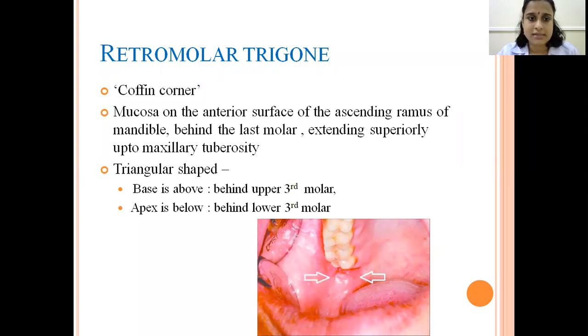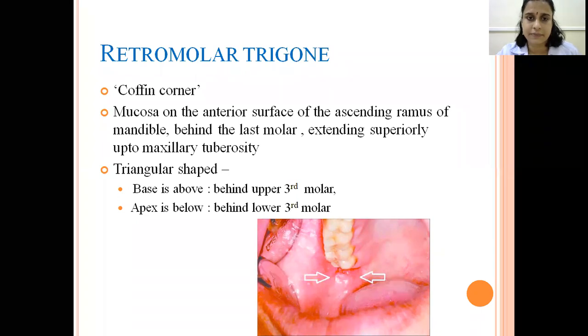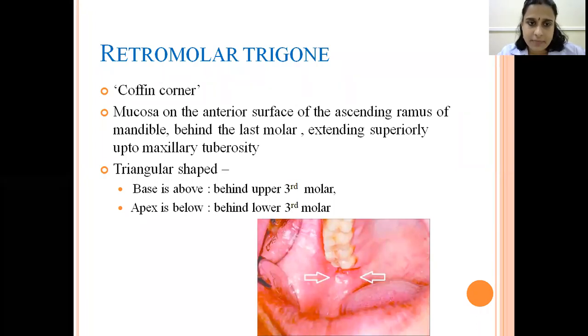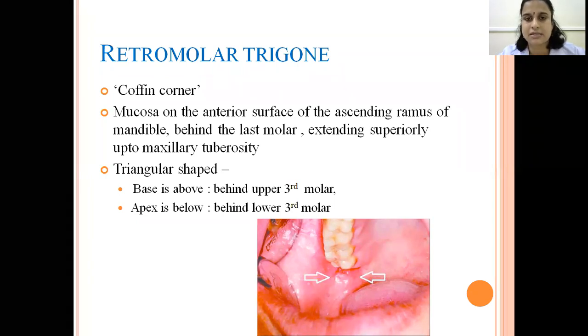Now, why is this called the coffin corner? It is called the coffin corner because this is the region where the tendons of the buccinator muscle and also of the superior pharyngeal constrictor muscle almost converge.